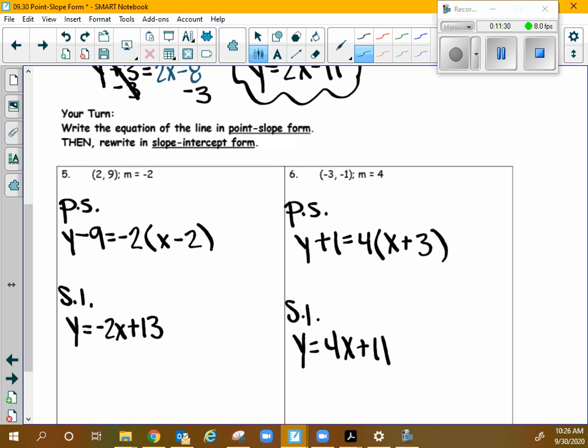4 times 3, 12, minus 1, minus 1. Okay, but when I did it again, when you input those points, since they're negative, it has to be plus 1 and plus 3. That had to have been what happened.